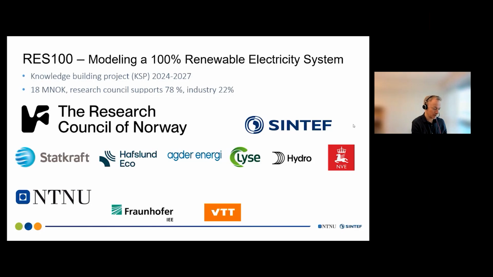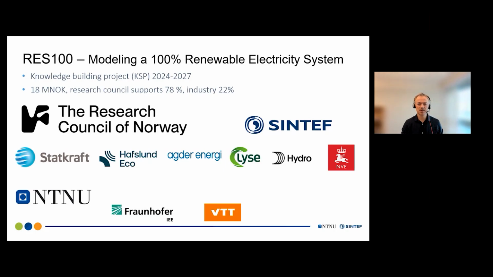So this initiative to make this open source model has been a part of the KSP project, a competence building project called RES 100, which has the long title of Modeling a 100% Renewable Electricity System. And this is a challenge that we see, that in order to model, analyze, and make conclusions on the future electricity system, we need to be able to model different technologies and at different time resolutions with different uncertainties than what we are today.